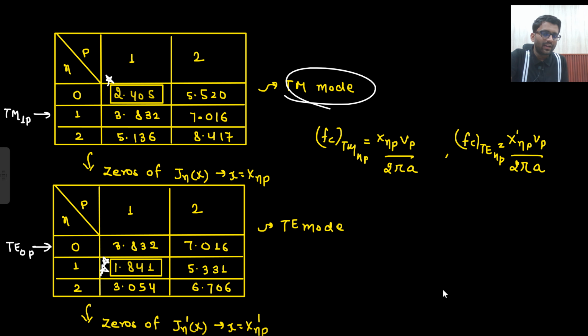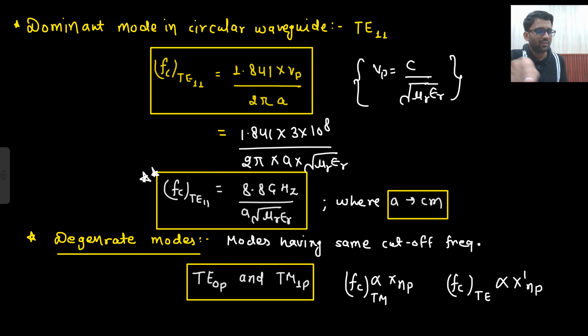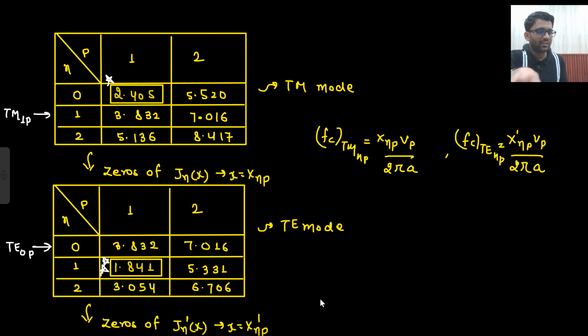Why have I written TM mode here? Because these are the roots of XNP, and XNP is associated with TM mode, and X dash NP is associated with TE mode. So if you see this one, for TM the value of N is 1 and the value of P is varying. So both tables are the same, TE0P and TM1P. And for 3 as well, for 4 as well, the table is always the same.